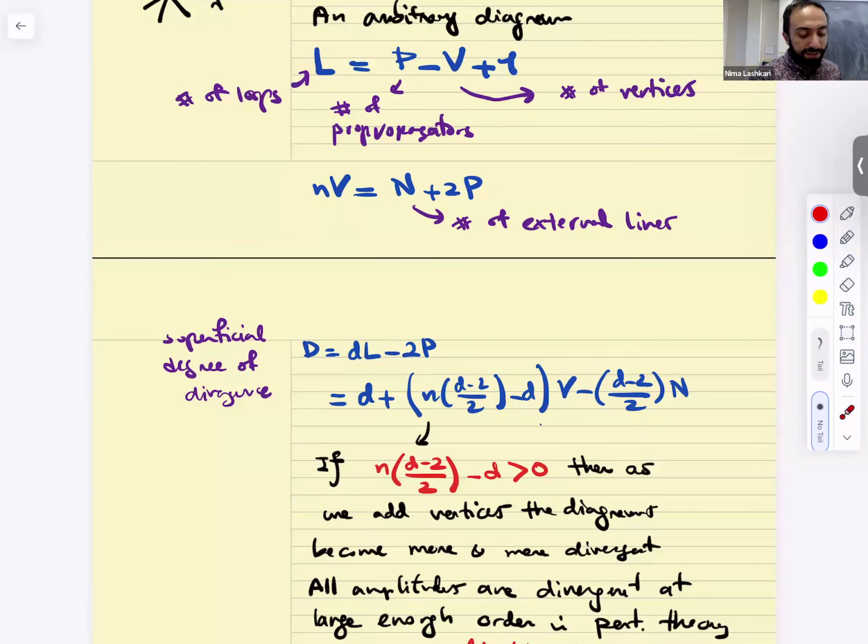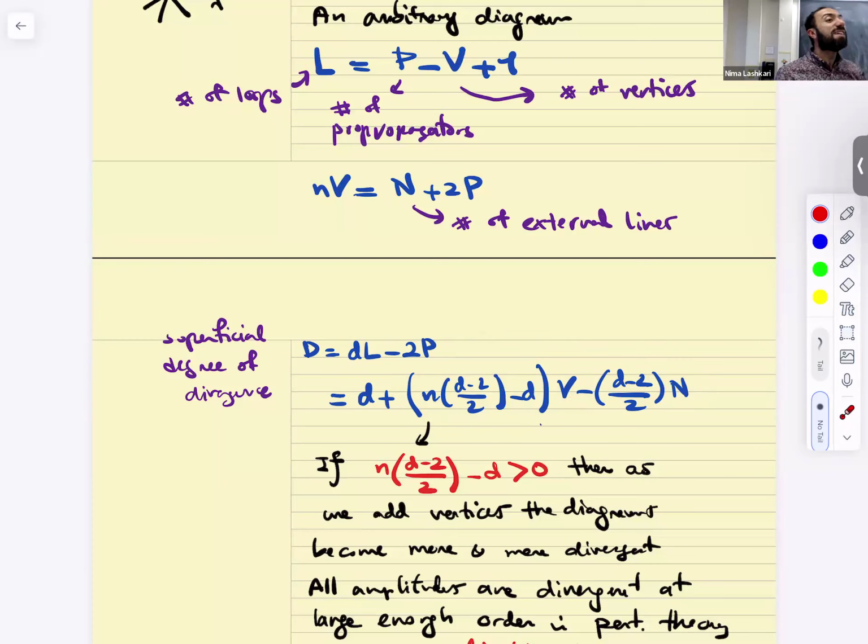But then there is this v term, the number of vertices. Higher point functions, as we go to higher orders in perturbation theory, are going to have more and more vertices in them. If this term is positive, for every fixed value of n, there exist diagrams at some high order in perturbation theory that will blow up.